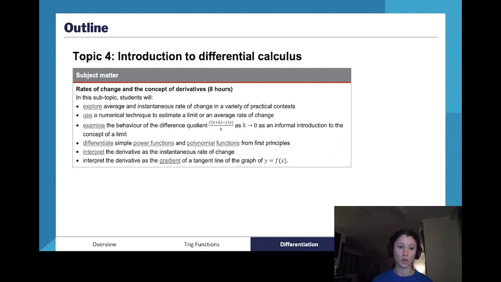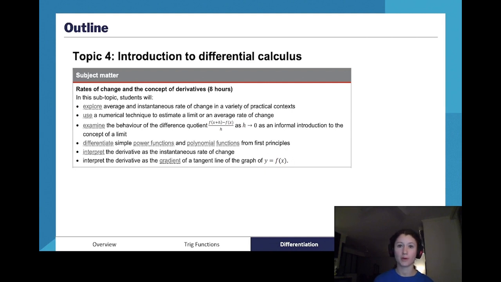So in this topic, you need to understand the basic concept behind average and instantaneous rate of change. Then you're going to need to know how to estimate a limit or an average rate of change.